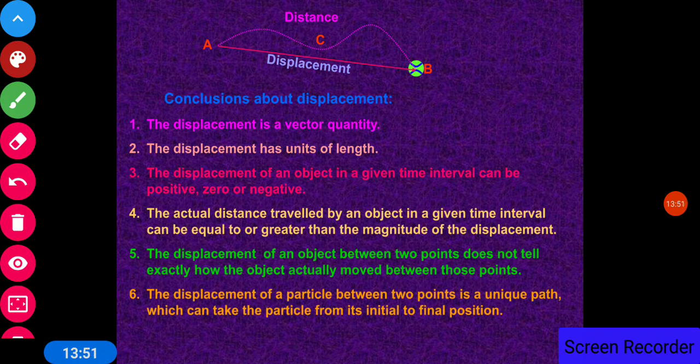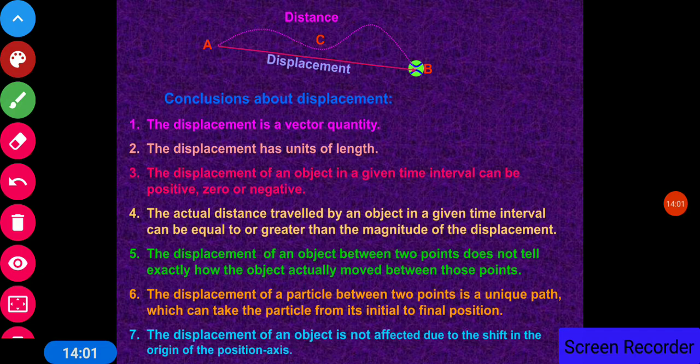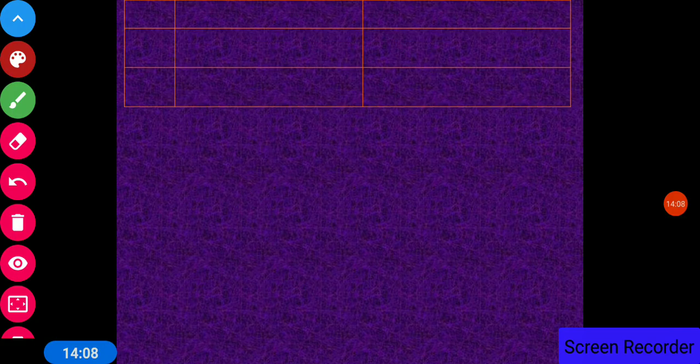The displacement of a particle between 2 points is a unique path which can take the particle from its initial to final position. The displacement of an object is not affected by a shift in the origin of the position axis.